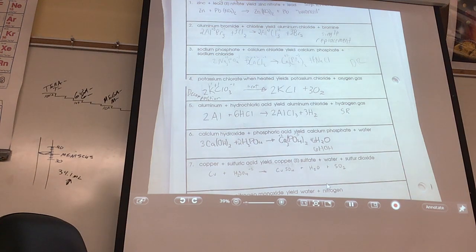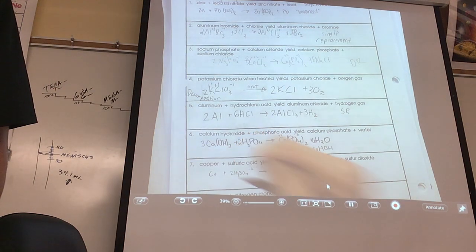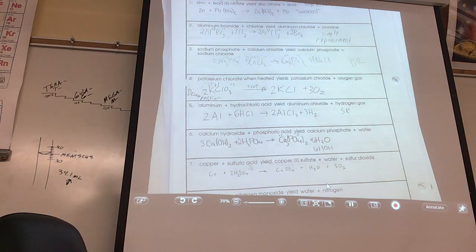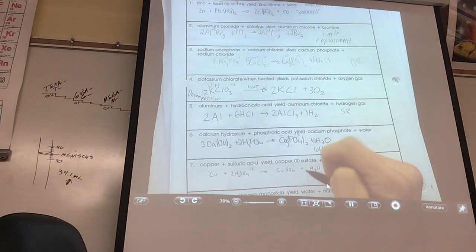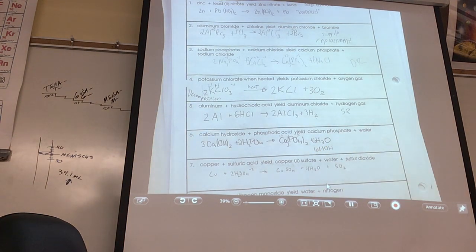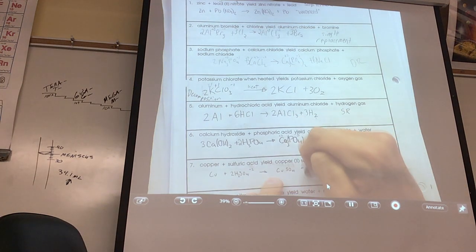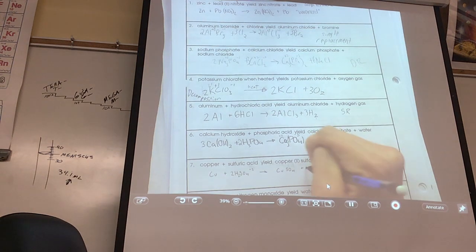So we have 2 sulfurs over here, so we put 2 there. Then we have 4 hydrogens. So try 4 there. That'll make 8 though. Oh yeah, that's my bad. Put a 2 there.